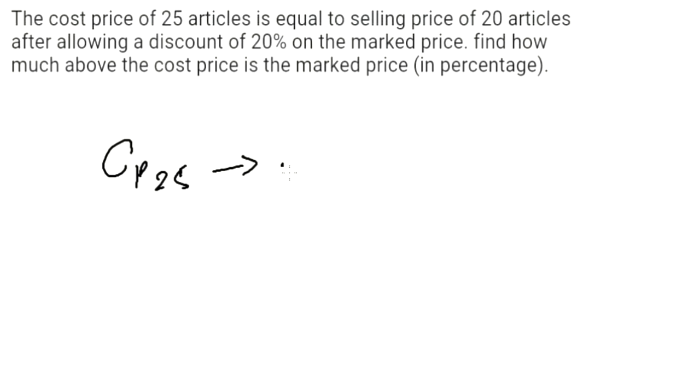This price is rupees 100, let's say. This will be equal to, as they say, the selling price of 20 articles, right? Here I would use either selling price of 25 and cost price of 25, or cost price of 20 and selling price of 20. Then only you can solve. But the easier way would be taking CP 20.